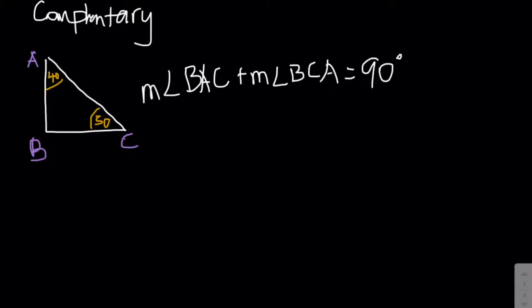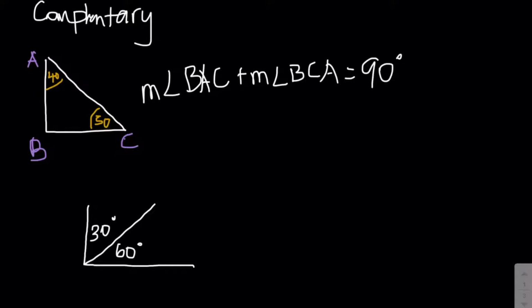Another example of complementary would be like so. We have one angle here. Let's make this 30. And then we have another angle that's attached to it that is 60.